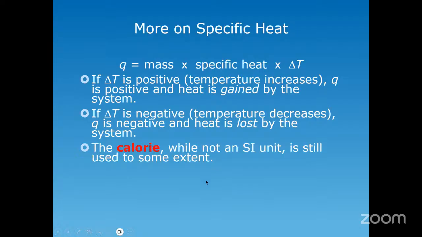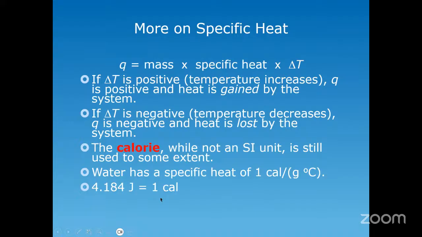Now, there is another unit of heat, which is known as the calorie unit, which is still used to some extent in engineering, physics, and so on. And the relationship between the calorie unit is what you see right here. 1 calorie is equal to 4.184 joules. And this is based on the properties of water.